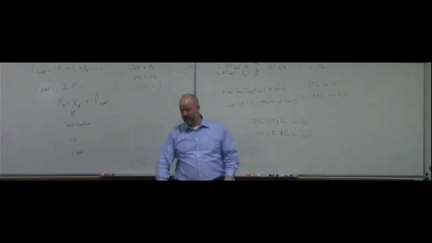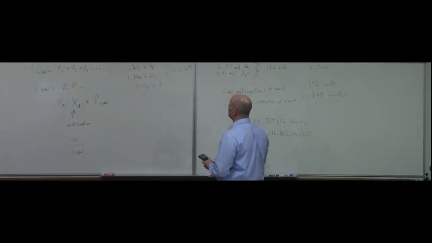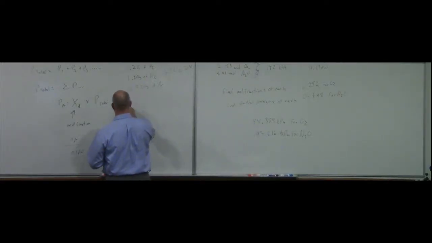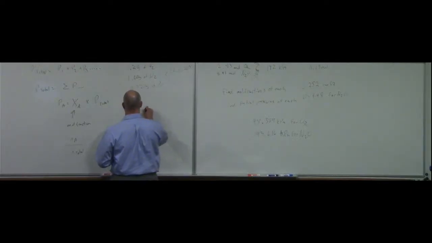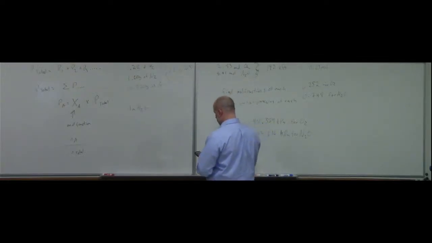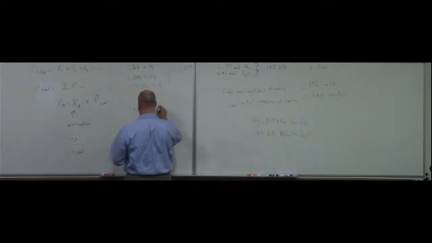Okay, so we just need to find the total number of moles, right? Mm-hmm. Okay, so 0.2 divided by 2 is 0.1, right? 1 gram divided by 14.02 grams per mole of nitrogen is 0.07 moles of N2.